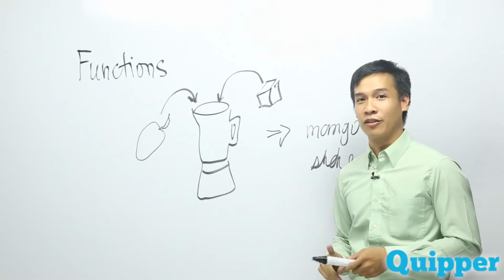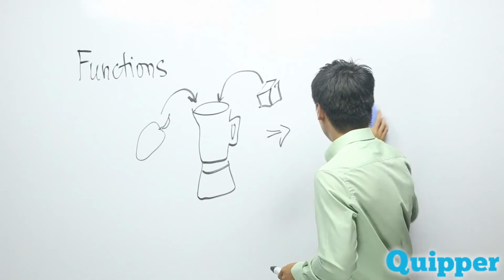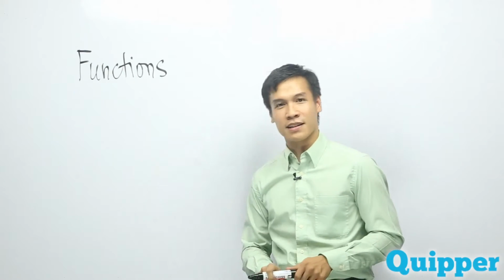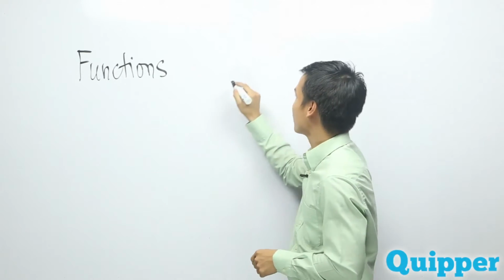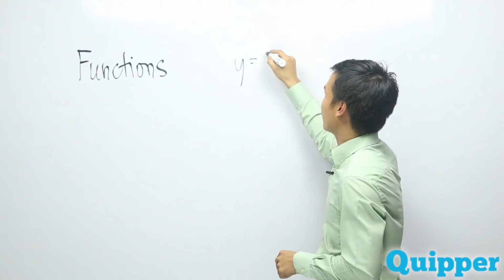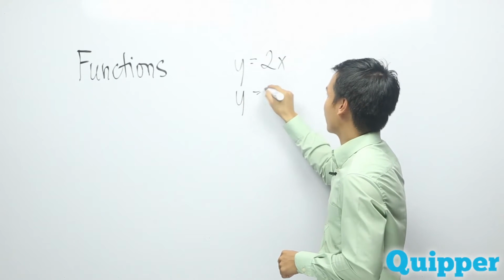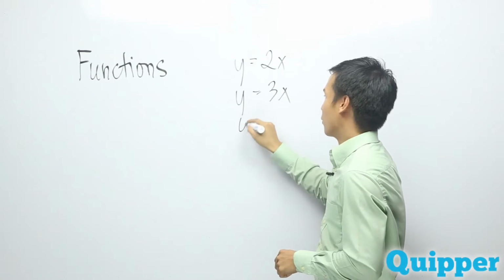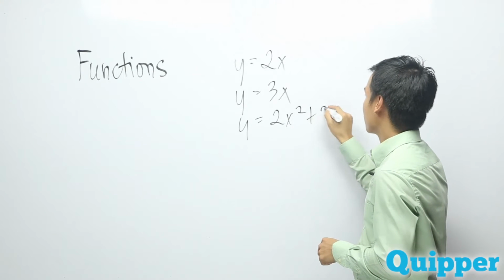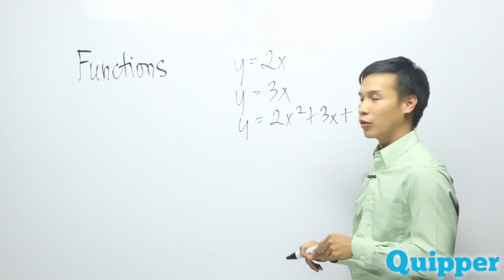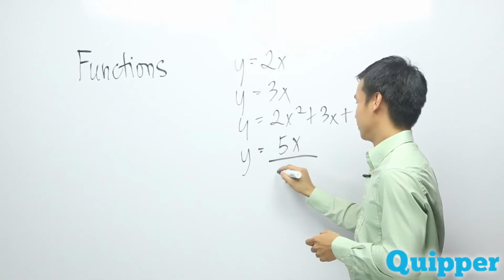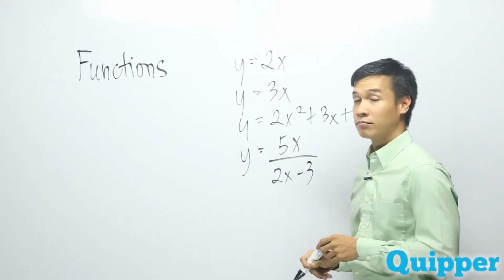How is this now related to math? For your past meetings in math, you must have encountered so many y is equal to some things. Y is equal to 2x, y is equal to 3x, y is equal to, for example, a longer equation, 2x squared plus 3x plus 1, or more complicated ones, y is equal to 5x over 2x minus 3.